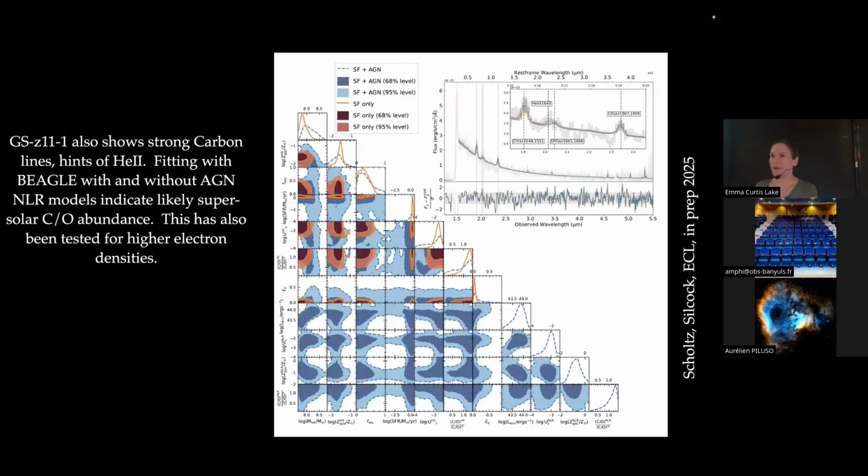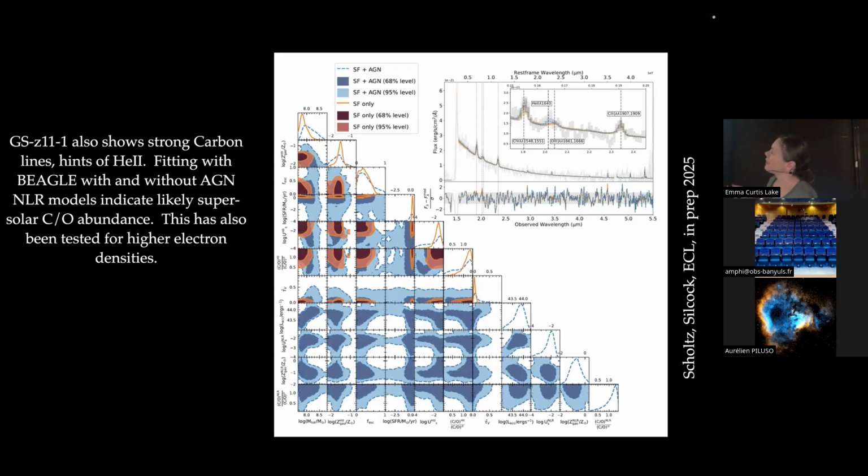This is a big plot, and I'm not expecting anyone to be able to read all of these. This is an output from Beagle. This is a new spectrum, which I thought was on arXiv this week, but I guess it's not out yet, where we have, again, strong carbon lines.